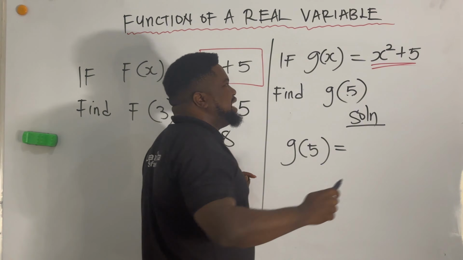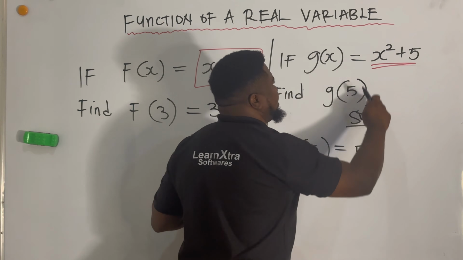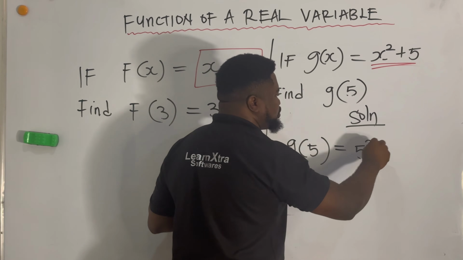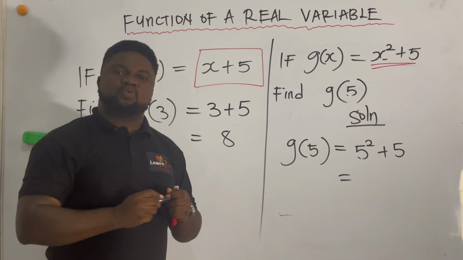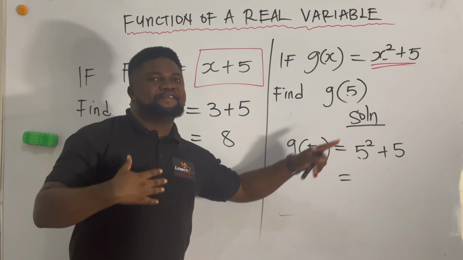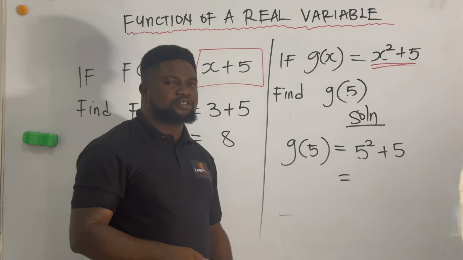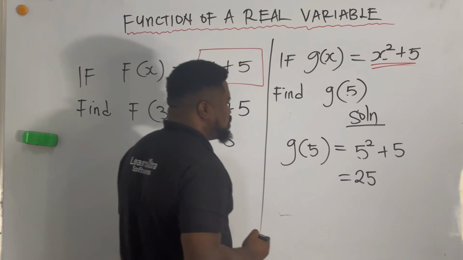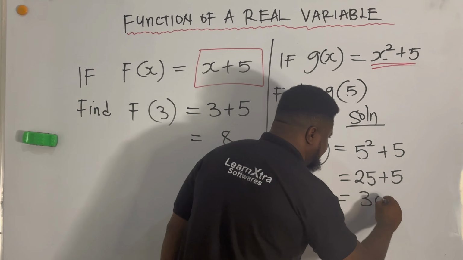So we'll go ahead and input x as 5. x becomes 5. 5 squared plus 5. 5 squared is 5 times itself, and 5 times itself will give us 25. 25 plus 5, I think, is 30.